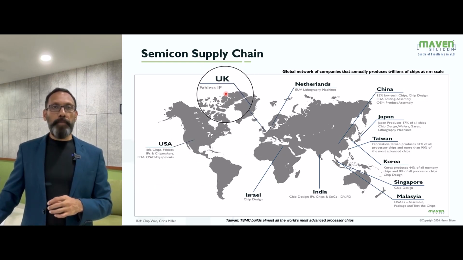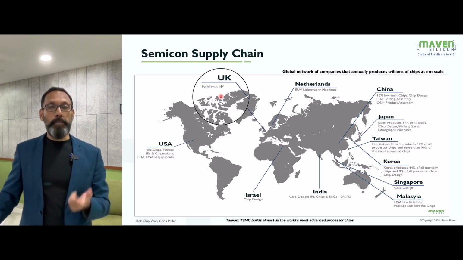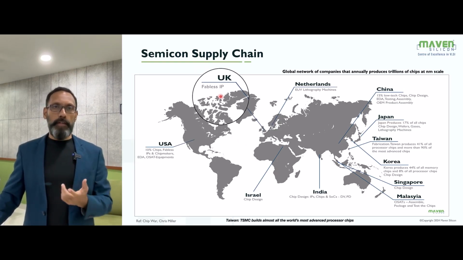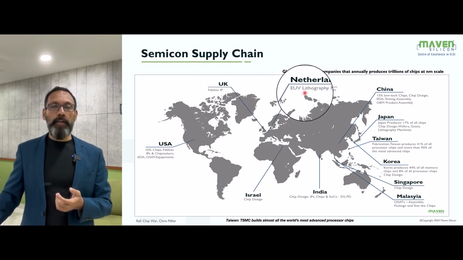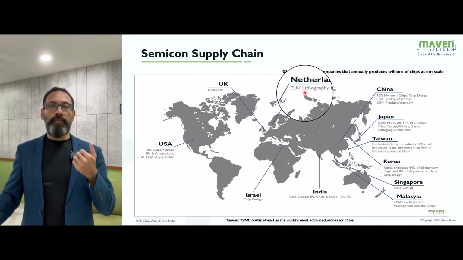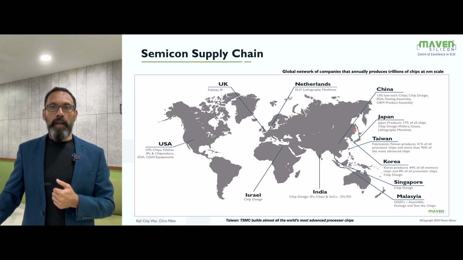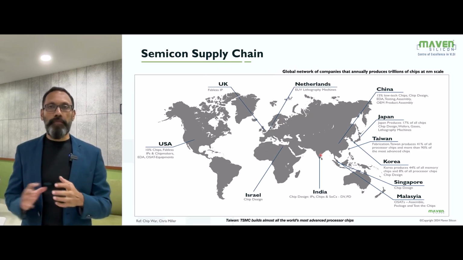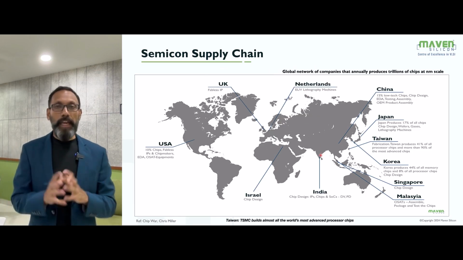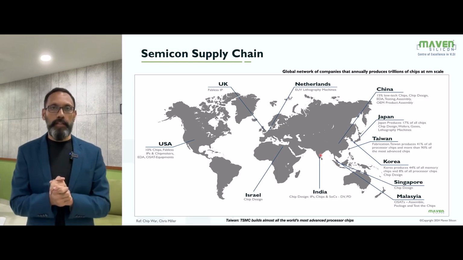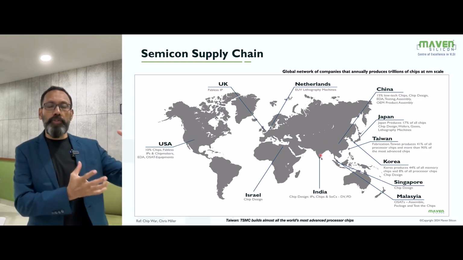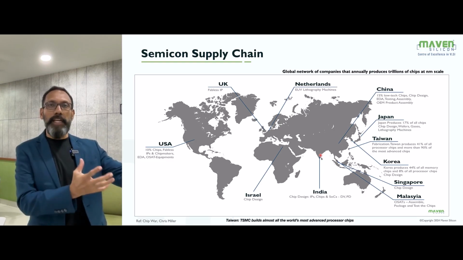And UK is popular for fabless IP. Arm is there. Arm is very popular for their RISC processor. And Netherlands is popular for foundry equipment. And India is popular for design services. If anyone wants to deal with chip design, right, you might want to own the design. You are there to create the architecture.